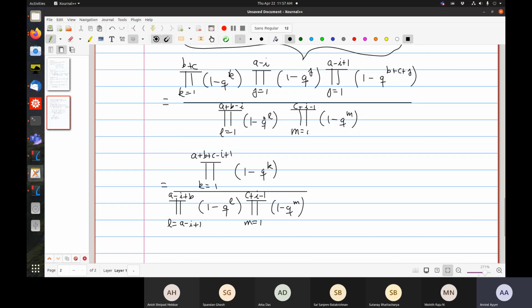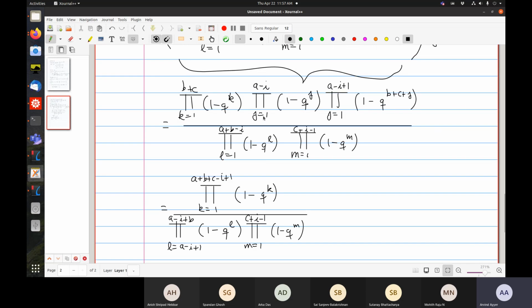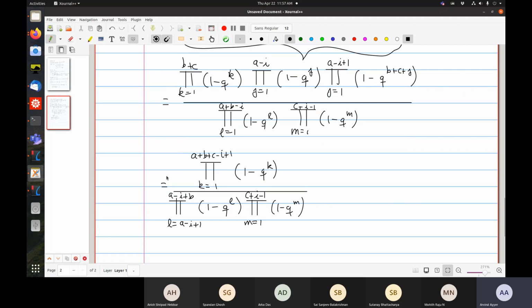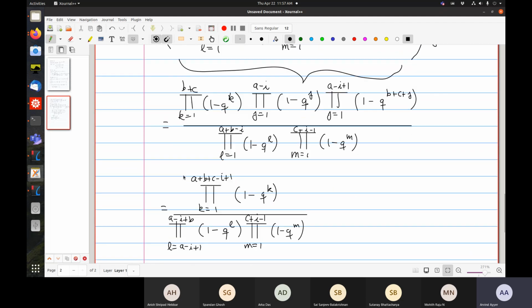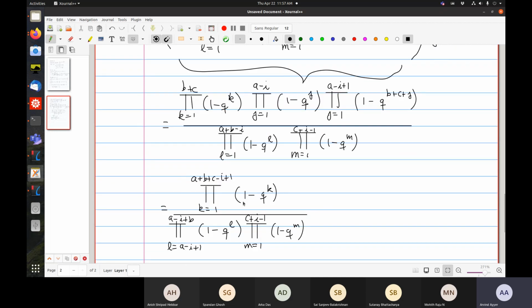Okay, so now notice here, before that, we are now taking the product of this over all I running from 1 to a. So there's this product for I equals 1, this product for I equals 2, and so on.